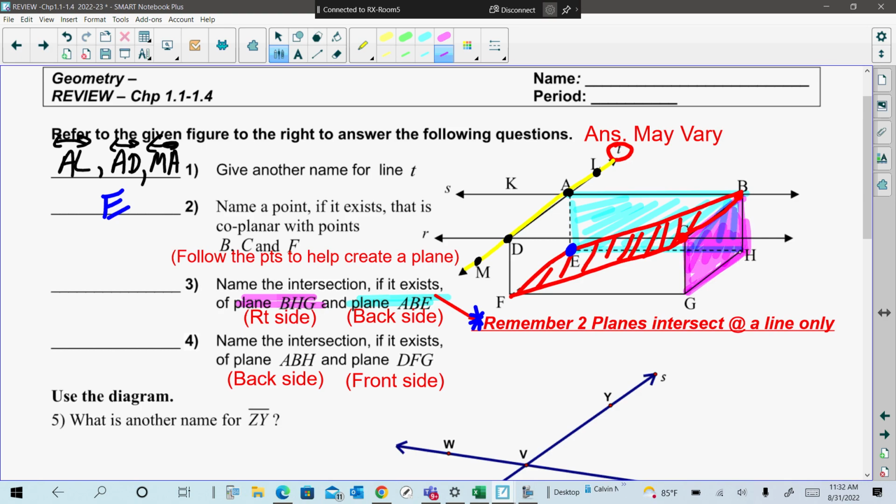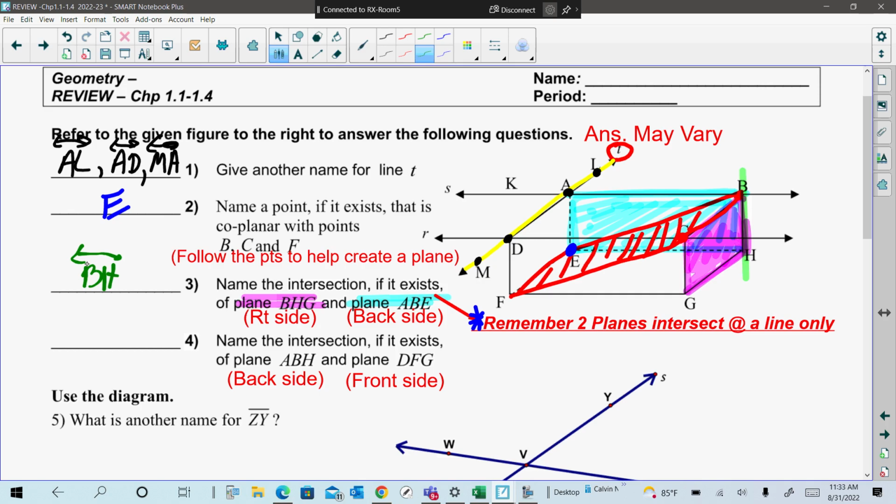And then I did ABE. When I followed the letters from A to B to E, that had to be the back side. Where do those 2 sides meet? It is at BH right there. So remember, planes always intersect at a line. So BH or HB. Okay. The order does not matter, just having those points on the line.